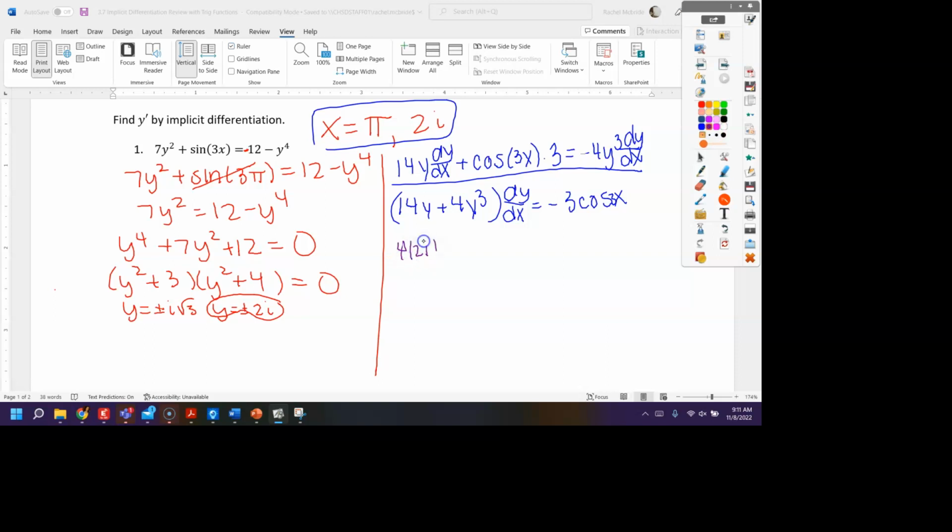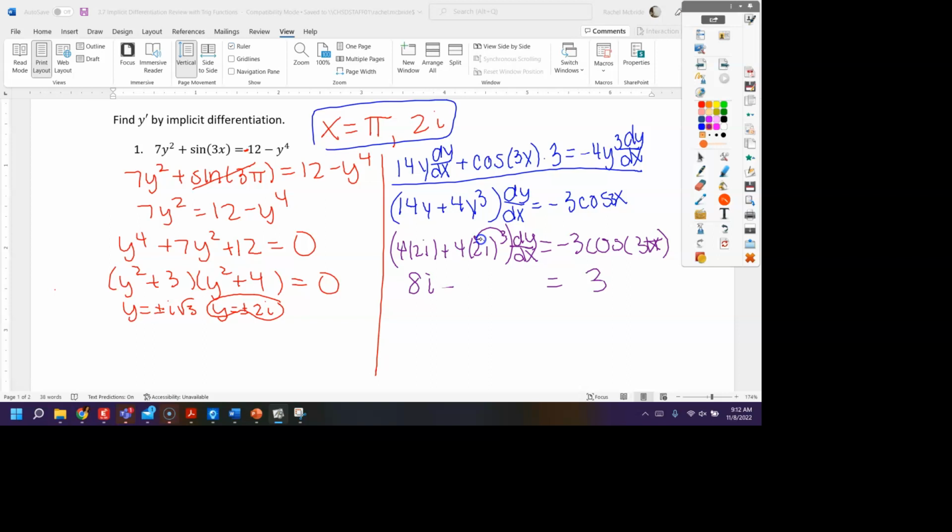4 times 2i plus 4 times 2i cubed dy dx equals negative 3 cosine 3 pi. Cosine of 3 pi is negative 1. Negative 1 plus negative 3 is positive 3. 8i. 2i is cubed, we get 8i cubed. 8i cubed is really negative i.